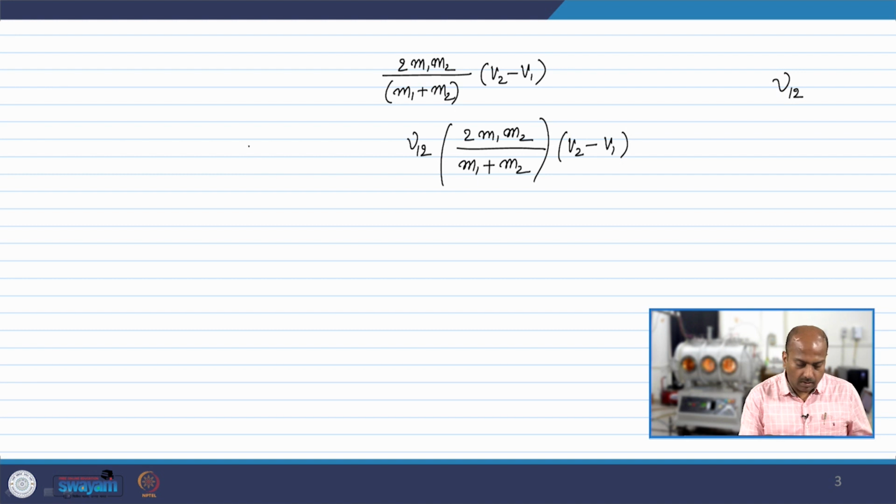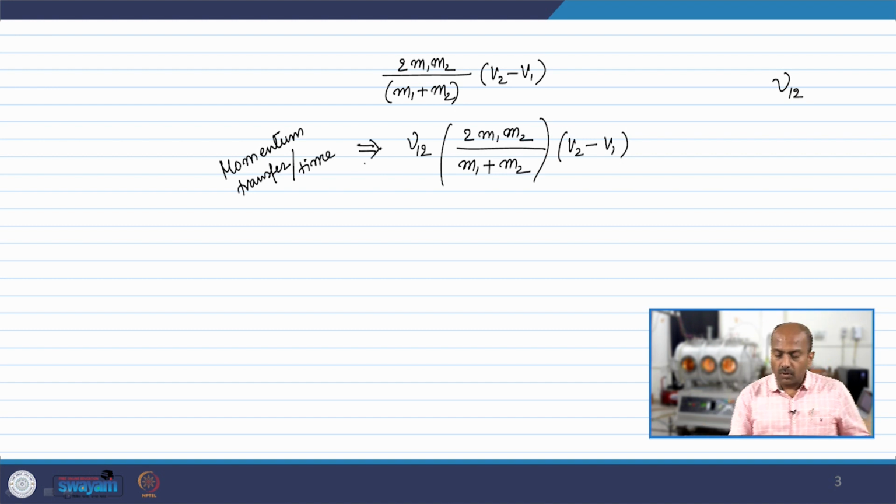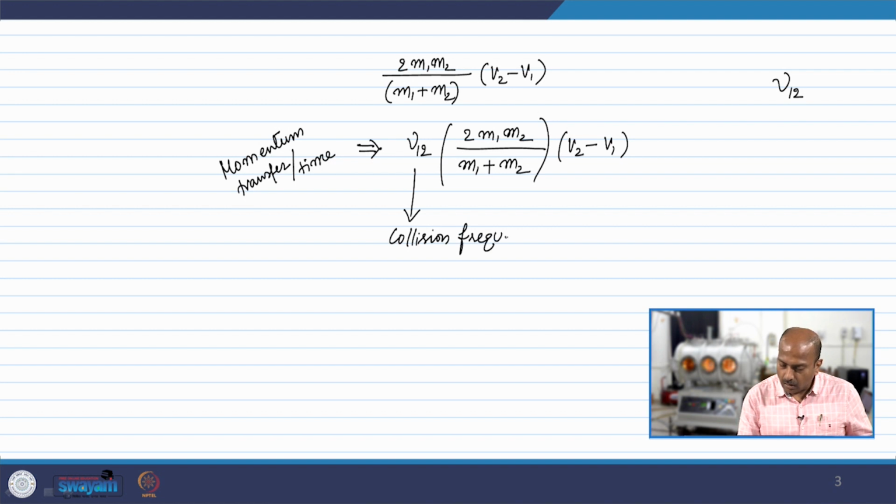What is this? This is the momentum transfer per unit time. And what is nu 1, 2? It is the collision frequency for the momentum transfer.